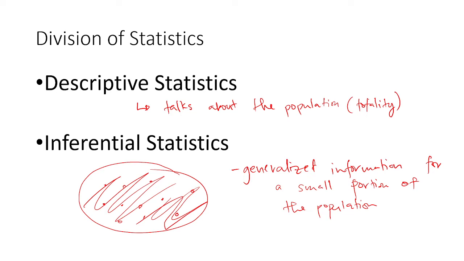Tapos yung sa iboboto ng mga Pilipino na yun, 1,000 lang yung kukunin in comparison sa million na voters ng Pilipino, and they think that 1,000 Filipinos would represent the whole population. That is inferential statistics. So how about descriptive statistics? One example of descriptive statistics is the GDP of the Philippines. That GDP of the Philippines would describe the whole population. So that is the difference between the descriptive statistics and inferential statistics.